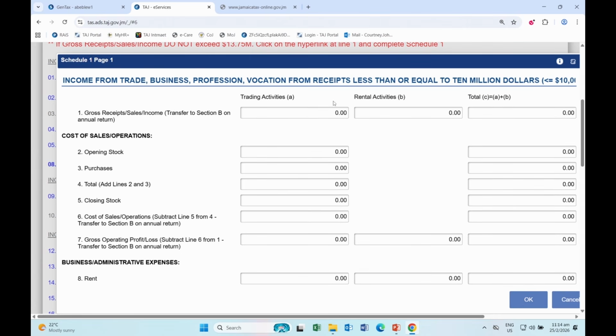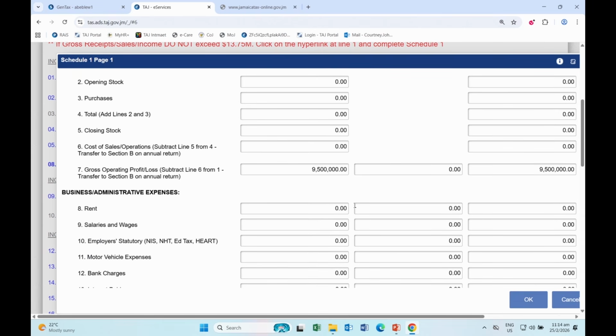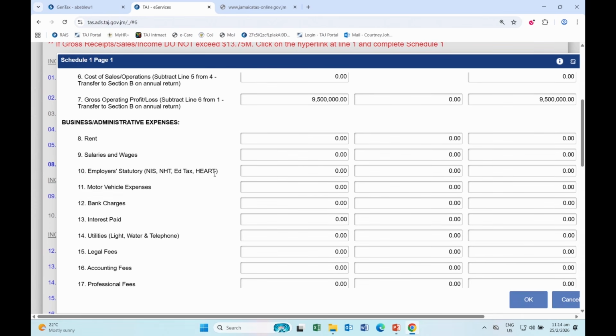So let's go ahead and populate the return for Mr. Blue. He had a gross income or gross sales from his activities to the tune of $9,500,000. His operating expenses were $5,550,000. The scenario is not going to capture in detail what that figure encapsulates, so let's break this out.